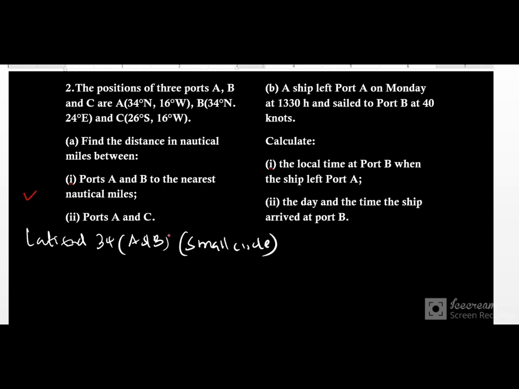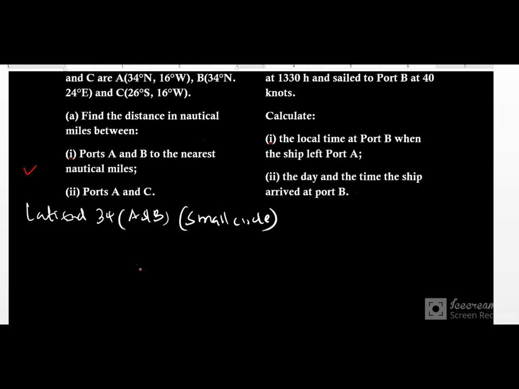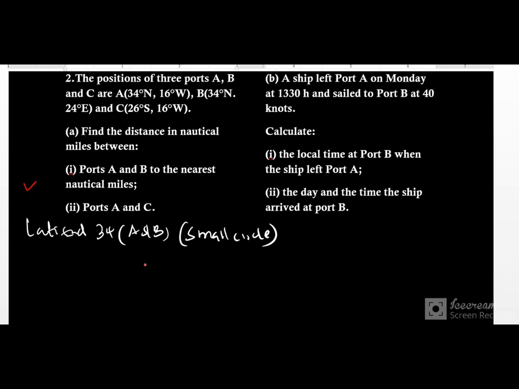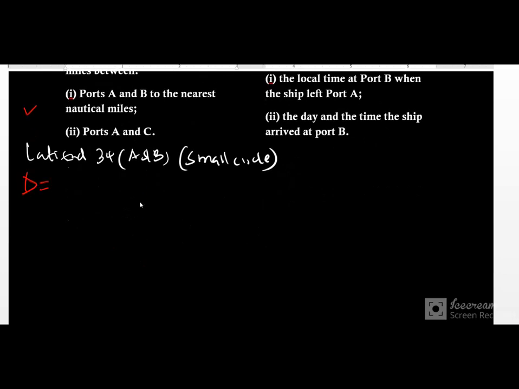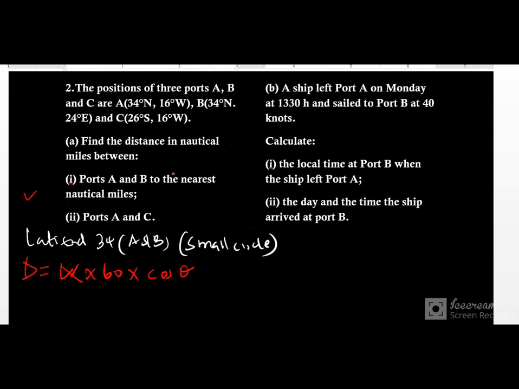Once you have identified that, then you know how to calculate the distance on a smaller circle. This distance is equal to alpha times 60 times cos theta. Theta is the latitude, alpha is the angle difference of A and B. So A is 34 north, 16 west, and B is 24 east.